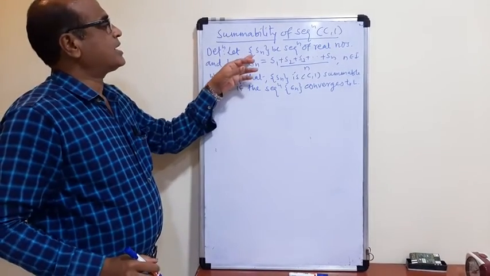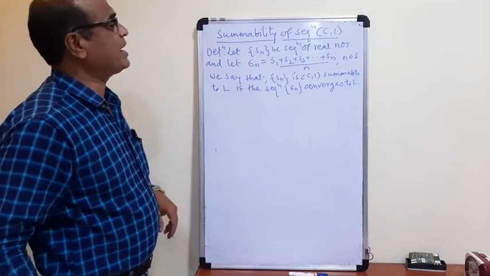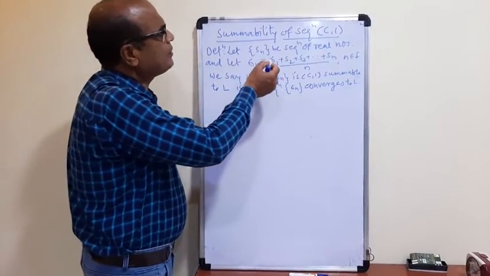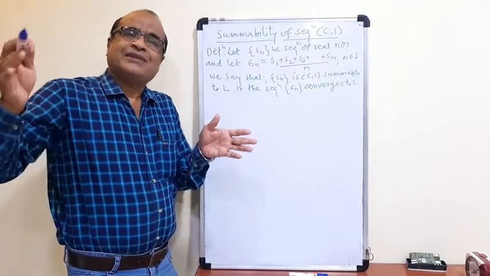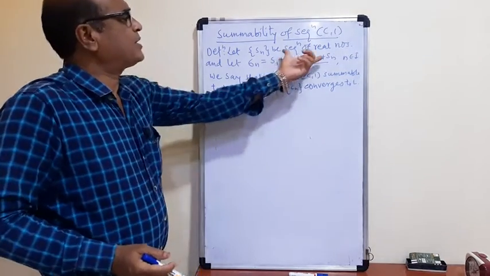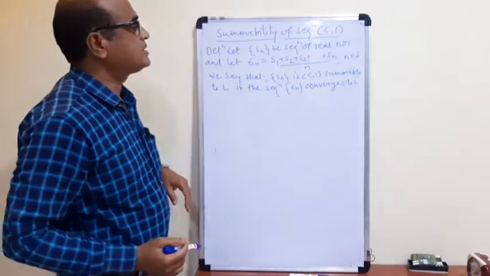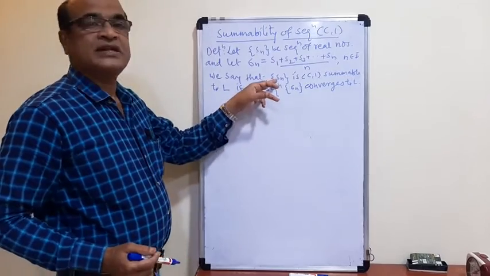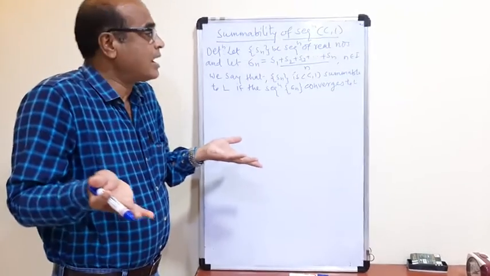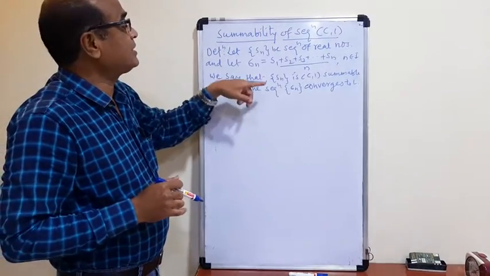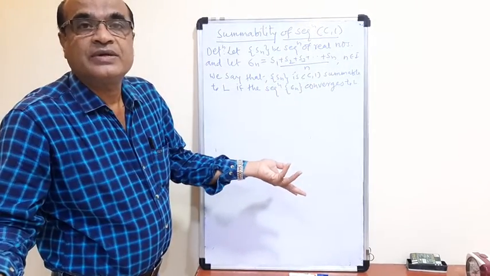Let Sn be a sequence of real numbers and let sigma n be the sum of the first n terms of the sequence, S1, S2, S3 and so on, divided by n. We say that the sequence Sn is C1 summable to L if the sequence sigma n converges to L.